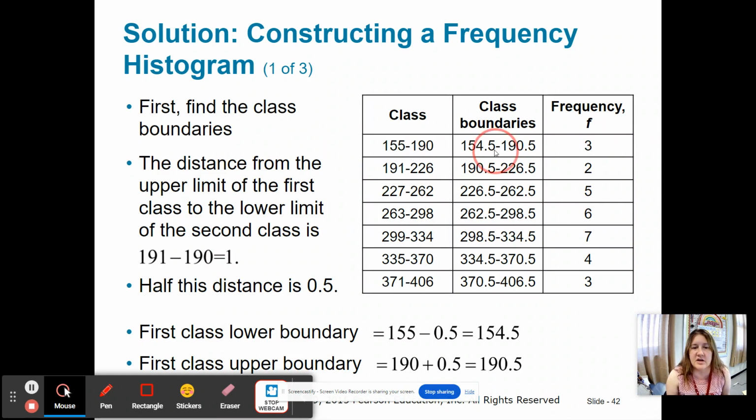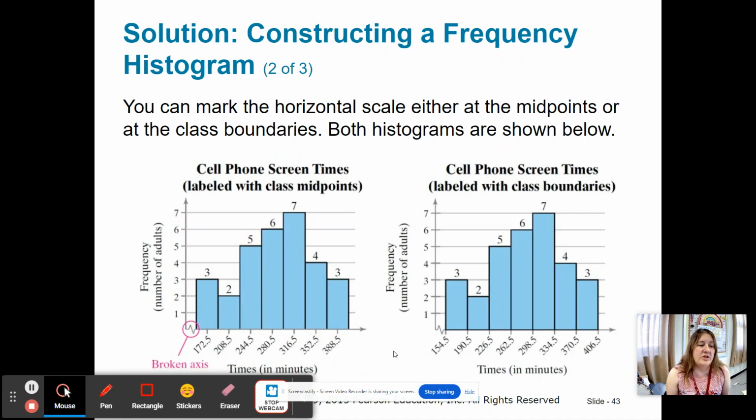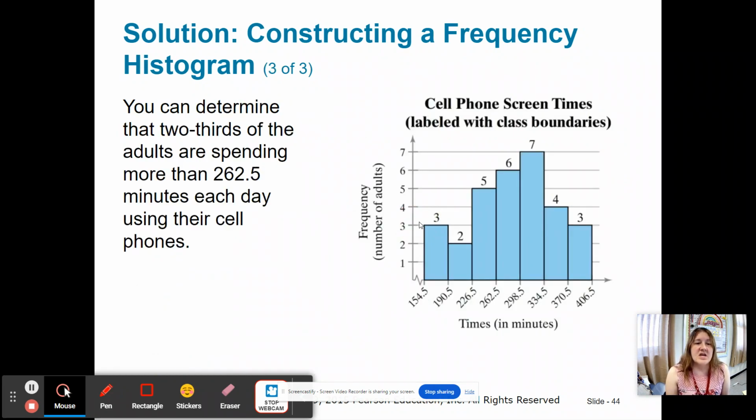So you can see how these class boundaries subtract a half on the lower limit, add a half on the upper limit. And when we do that, we could either use the lower class to upper class boundaries as our x-axis, or we could use the midpoints as our x-axis. But notice how the y-axis is still the frequency values.